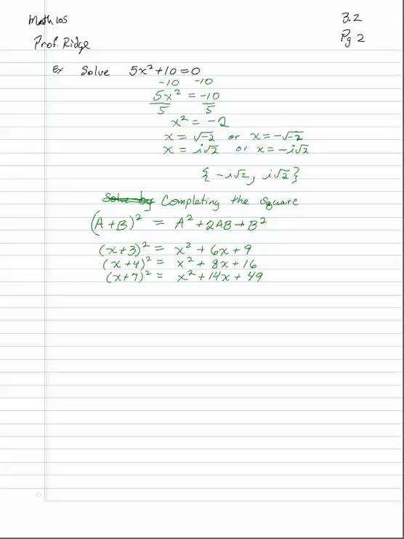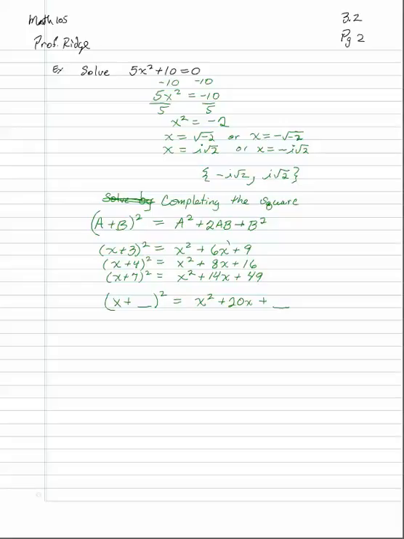Now, the idea, if we look at all these problems, if I want to go backwards, so if I have x plus blank squared equals x squared plus, say, 20x plus blank, and I want to go backwards, then the idea is, well, let's look at the x plus 3.